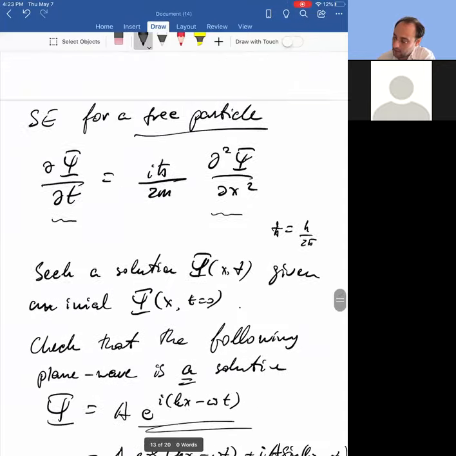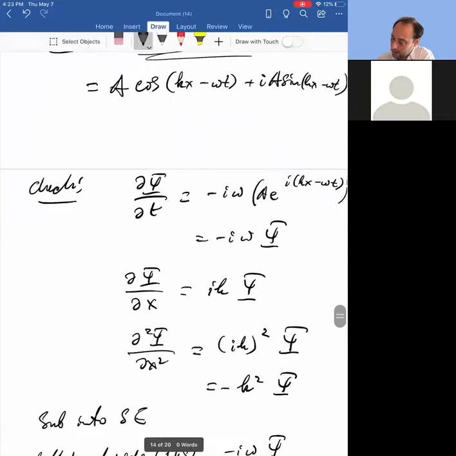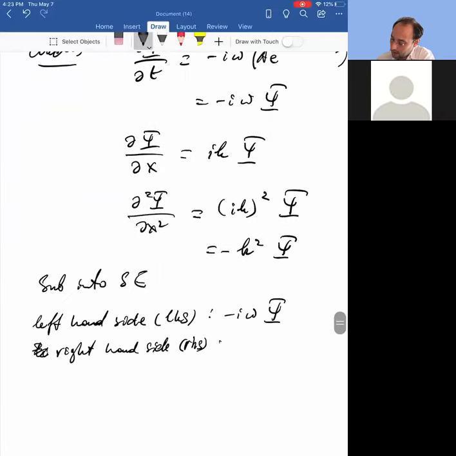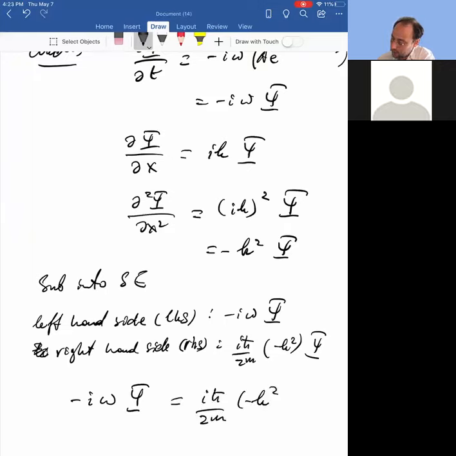I have i h bar over 2m times minus k squared psi. So when I sub into the Schrodinger's equation, I have minus i omega psi equals i h bar over 2m times minus k squared psi.